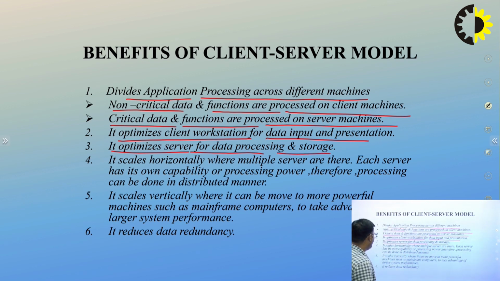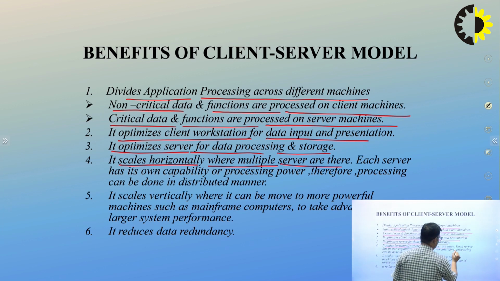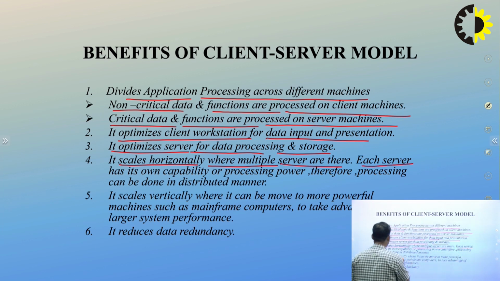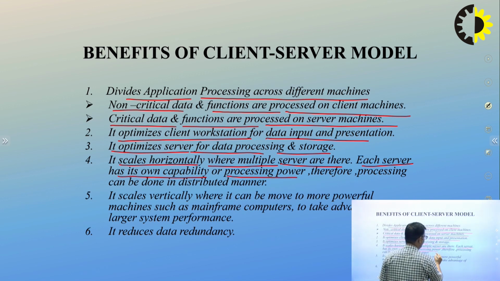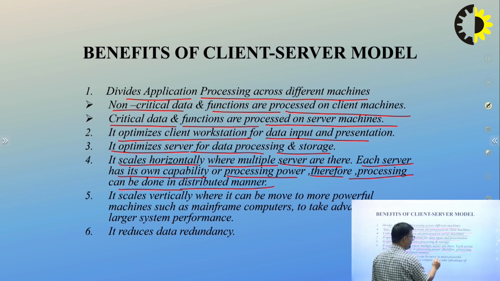And a fourth point, it scales horizontally where multiple servers are there. Each server has its own capability or processing power, therefore processing can be done in a distributed manner.